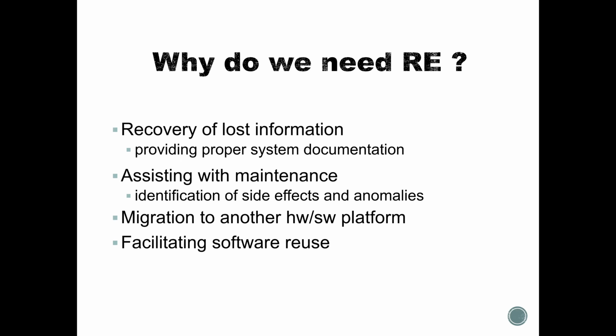And finally, the main use of reverse engineering is that it facilitates software reuse. You don't have to build the whole software from scratch. You can just use this abstract concept, and you can build the software based on that information.